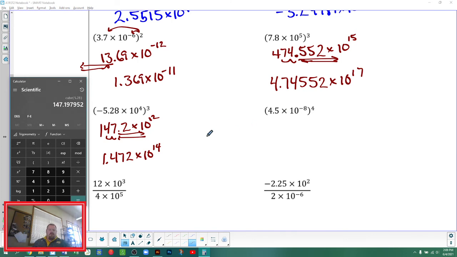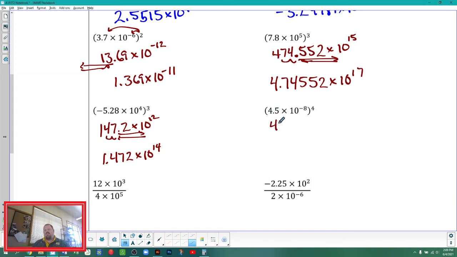Let's see, we've got 4.5 to the 4th. Got to get creative there. That's 400 point, let's call it 410.1. I do want to do a little bit of rounding, so I'm not tired of writing numbers. Times 10, negative 8 times 4 is negative 32. That makes it a small number, so it's going to move that way 32 times.